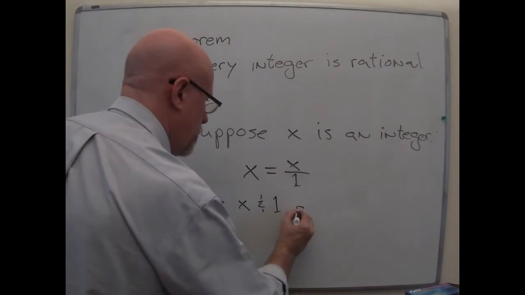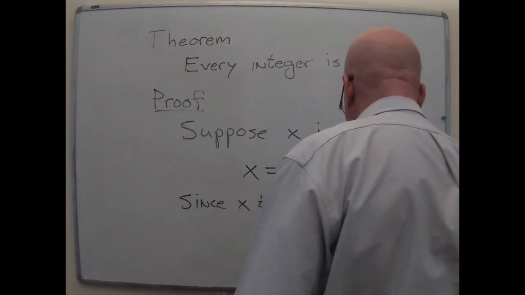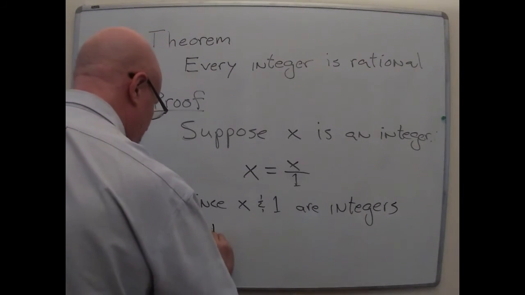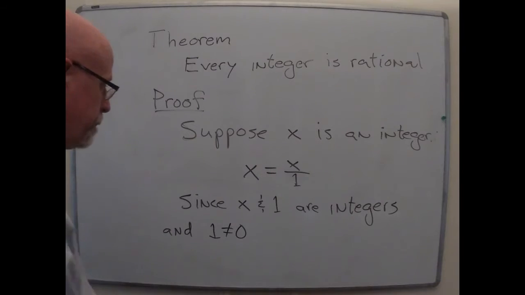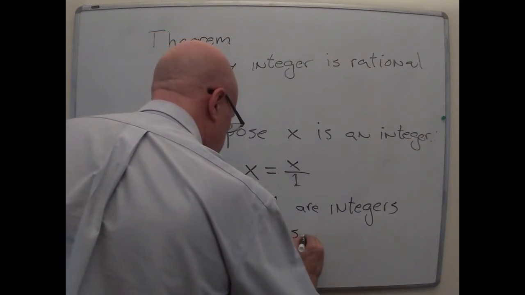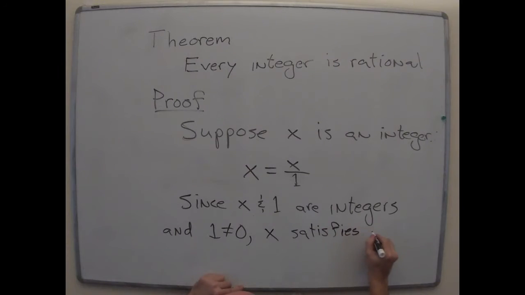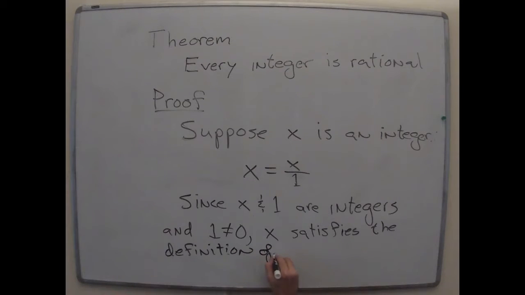Since x and 1 are integers, and 1 is not equal to 0, certainly, it follows that x satisfies the definition of a rational number. Which is a kind of a long-winded way of saying this thing.